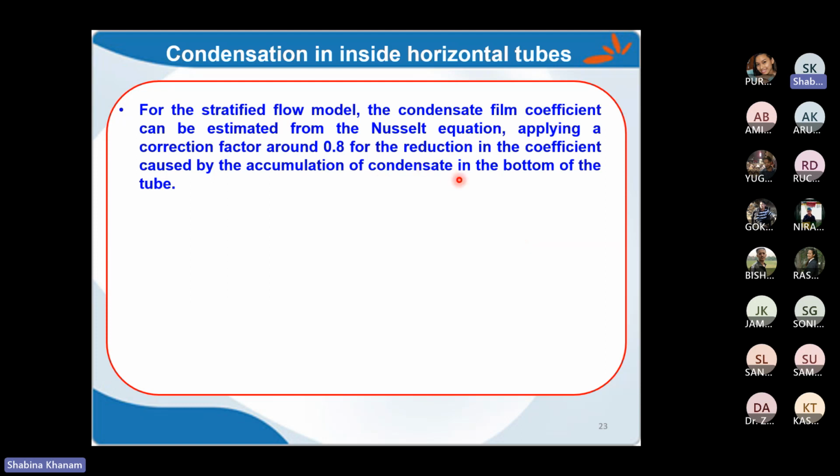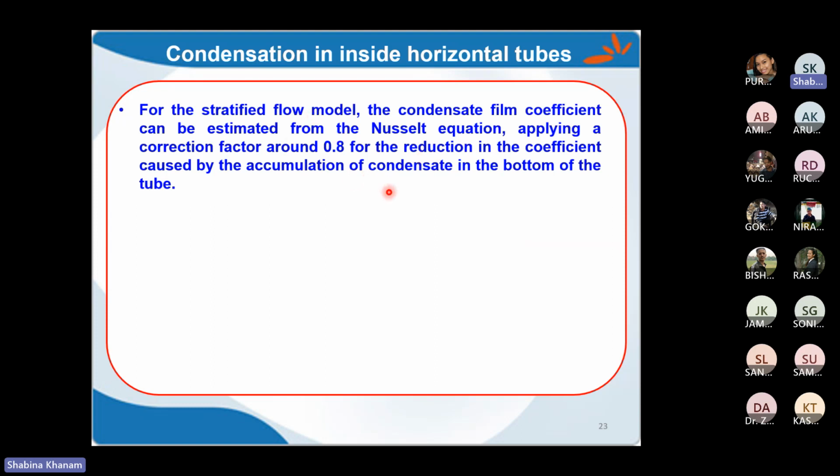For HC1 I'm talking about only, not for correction factors and all. HC1 we have discussed before, where the multiplication factor is 0.95 if you recall. And that we can multiply by a 0.8 correction factor, because the film thickness would be lesser at the top inner periphery and more at the bottom of the inner periphery.